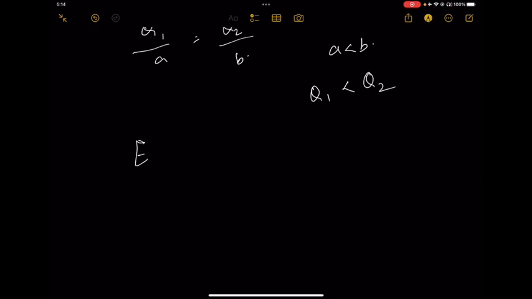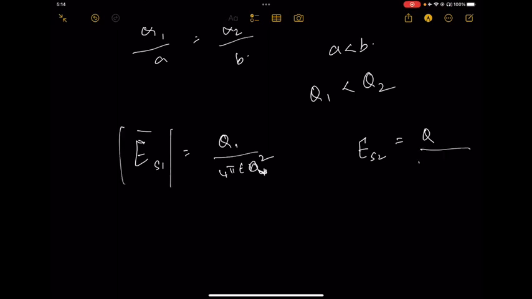Electric field, we have already said, Es1 will be Q1 divided by 4 pi epsilon A square and Es2 will be Q2 by 4 pi epsilon B square. Let us say we are interested in the magnitude, not the directions. What will be the relation between the electric field in sphere 1 and sphere 2, which will be greater, which will be lesser?